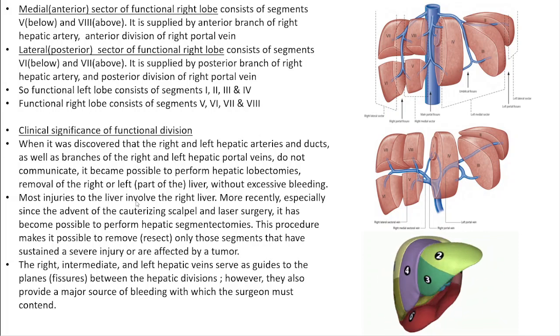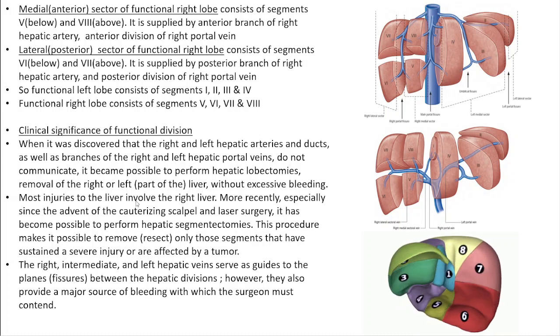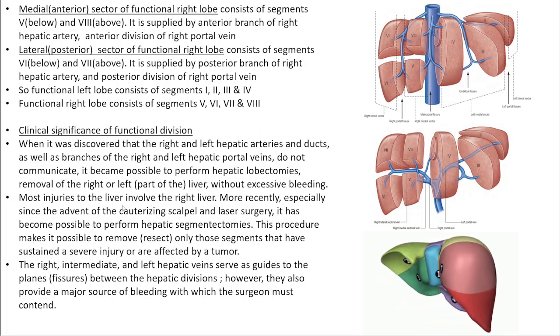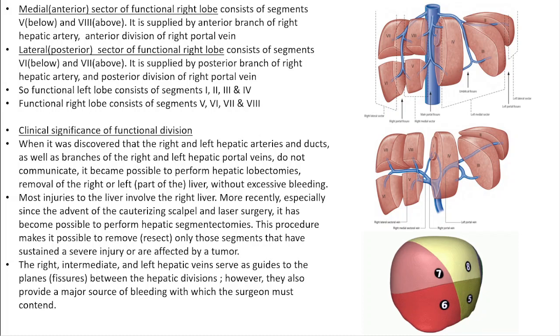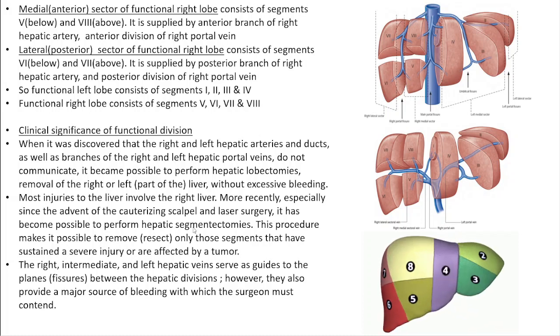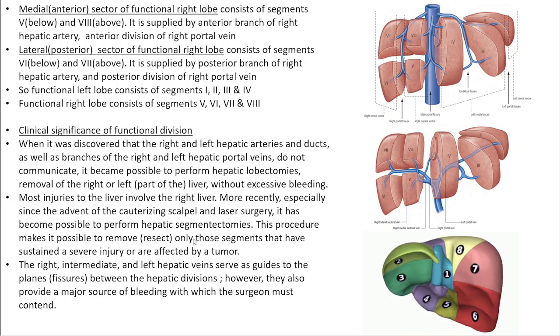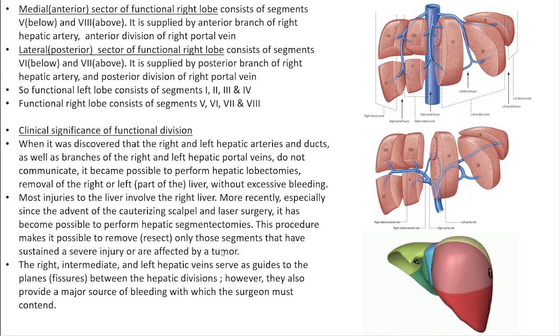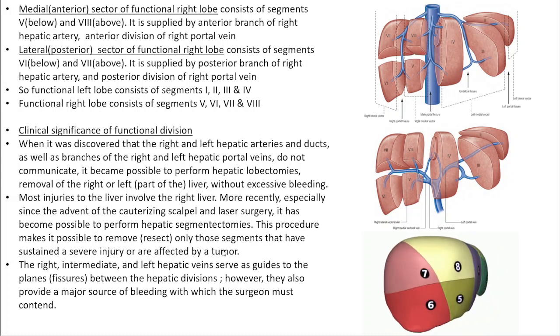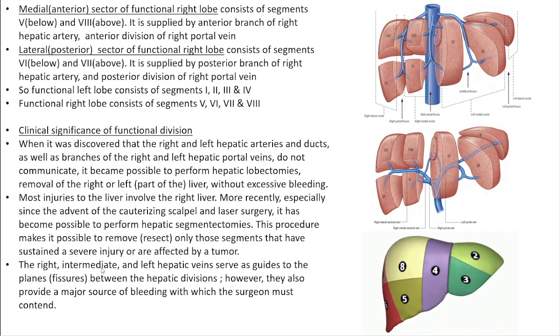So most injuries to the liver involve the right liver. More recently, especially since the advent of the cauterizing scalpel and laser surgery, it has become possible to perform hepatic segmentectomy. So this procedure makes it possible to remove or resect only those segments that have sustained a severe injury or are affected by a tumor. So it is possible to do segmentectomies.